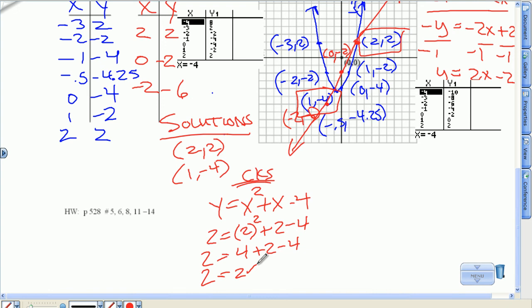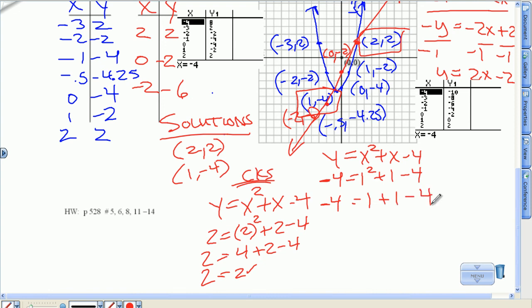Alright, the next check with this same equation is going to be on 1, 4. I like to write the equation down every time. So 4 for y, 1 for x. Okay, I go 4, oh, that's supposed to be negative 4. Whoops. 1 plus 1 minus 4.